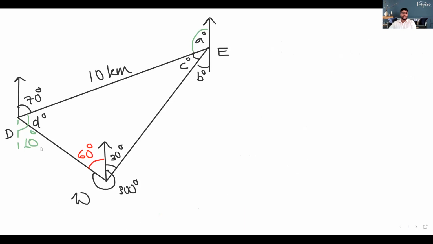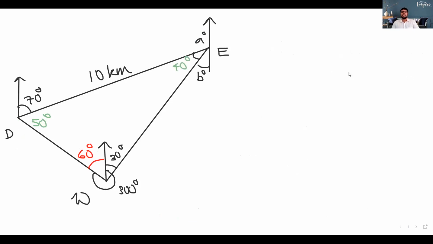So children, there are two ways that you can work this out. We know the angles now. D is 50 and C is 40, I think.